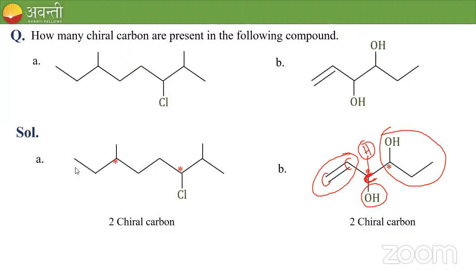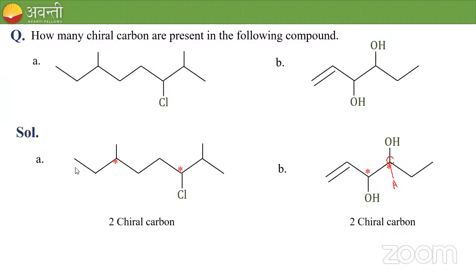Okay. So if I check for the next one, the second chiral center, it is also having only 3 bonds. The remaining one is hydrogen. So OH, hydrogen, and here an ethyl group, and here we are having one big group. Okay. 4 atoms or 4 groups. So it is a chiral center. Can you all understand now?